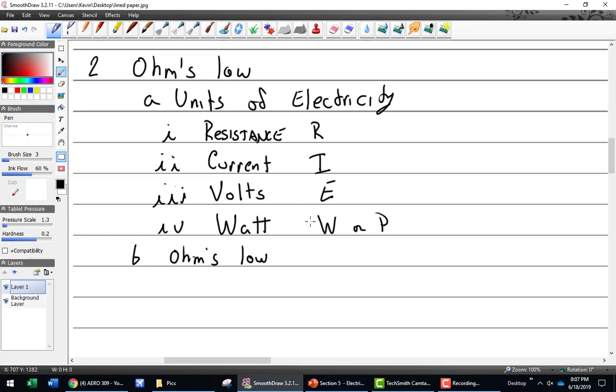Ohm's law. Well, let's say formulas. All right, so Ohm's law. Well, I don't even know if I want to write this one. I'll say it and then I'll write something different.